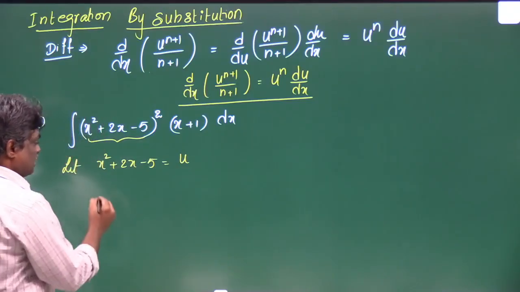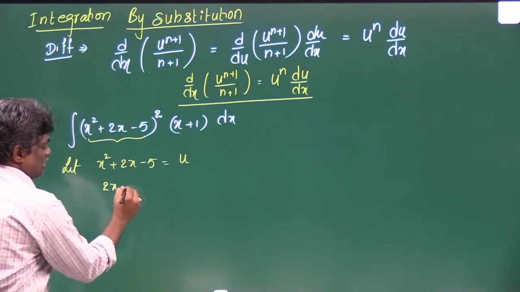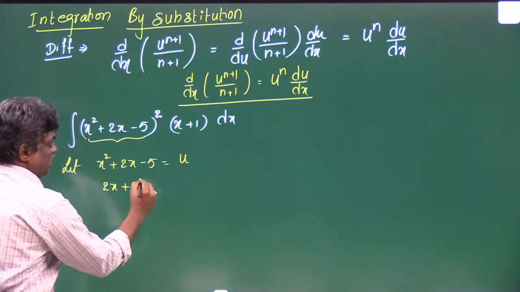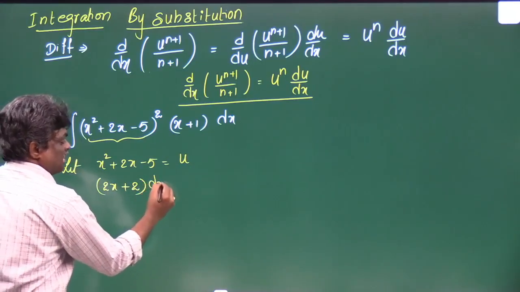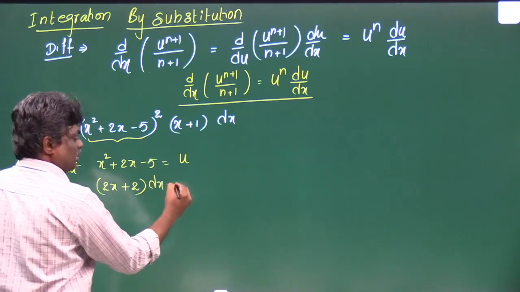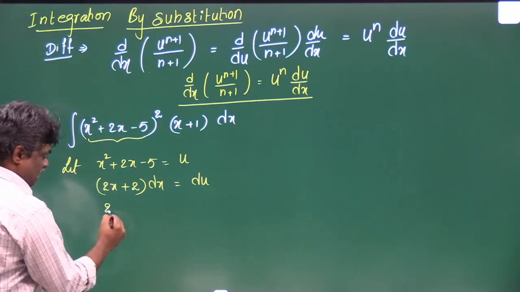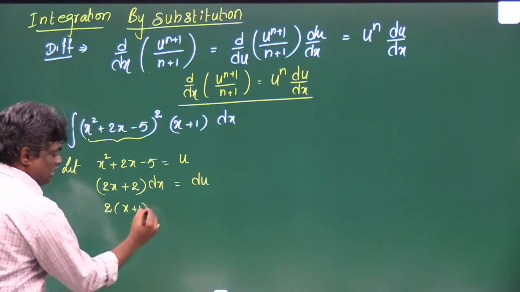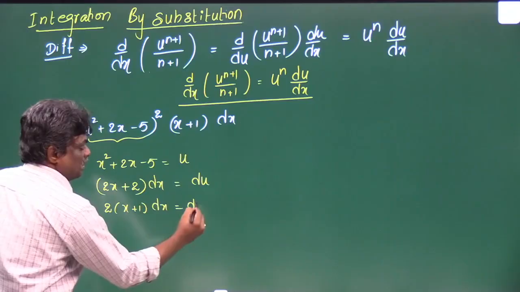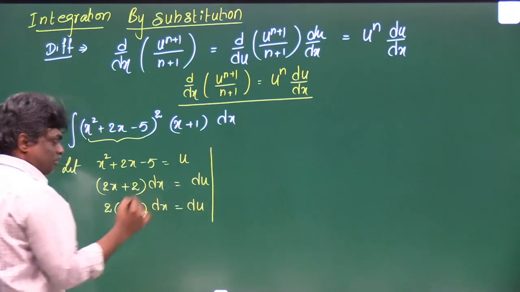Just differentiate it: 2x plus 2, and the constant gives 0, equal to du. So this can be written as 2 into x plus 1 dx equal to du. So this is the substitution.